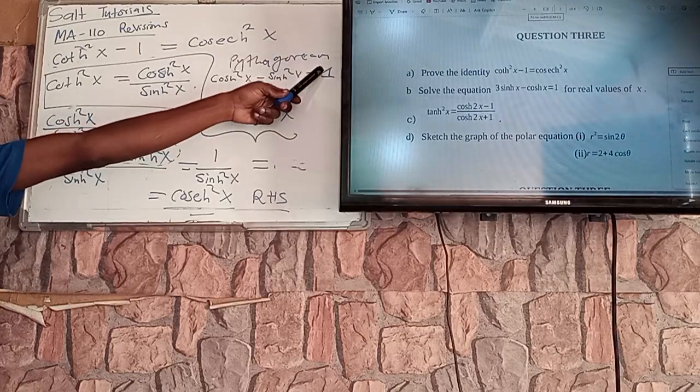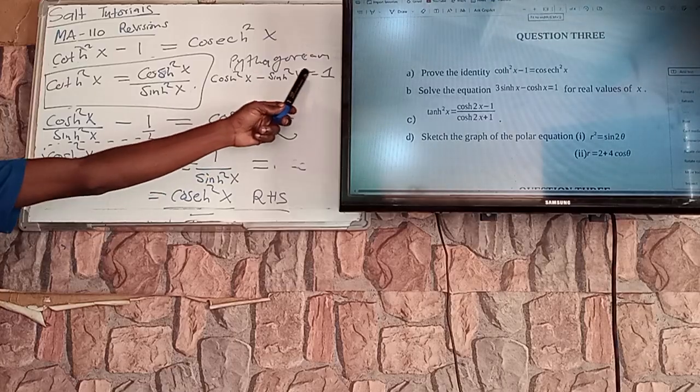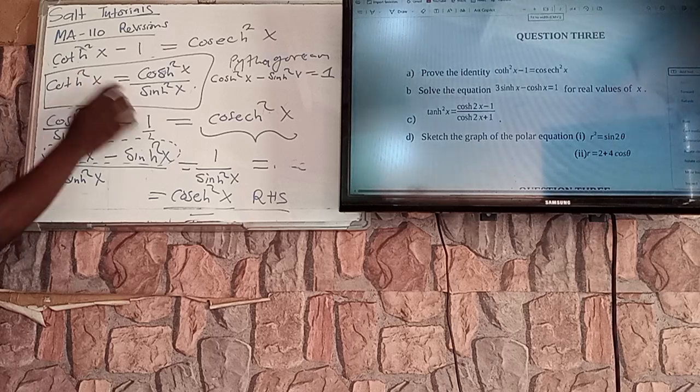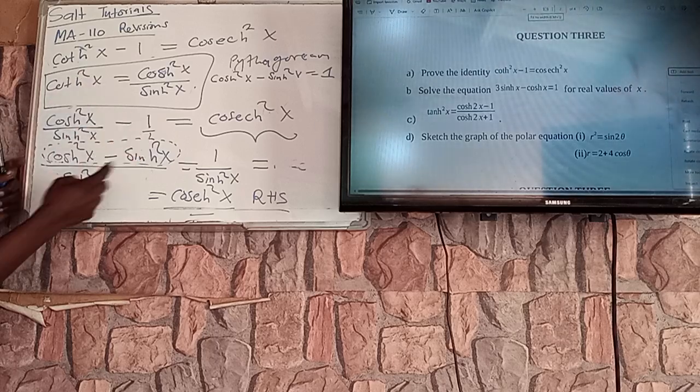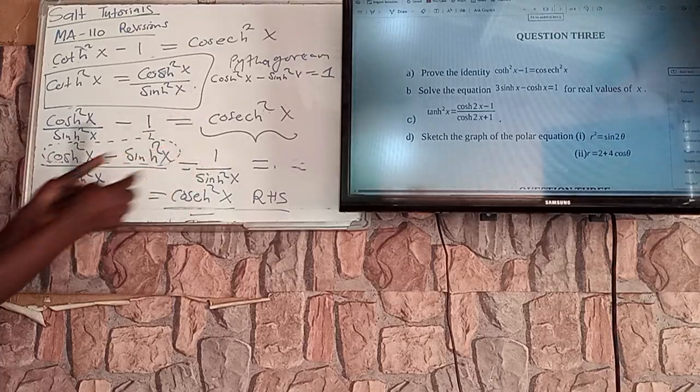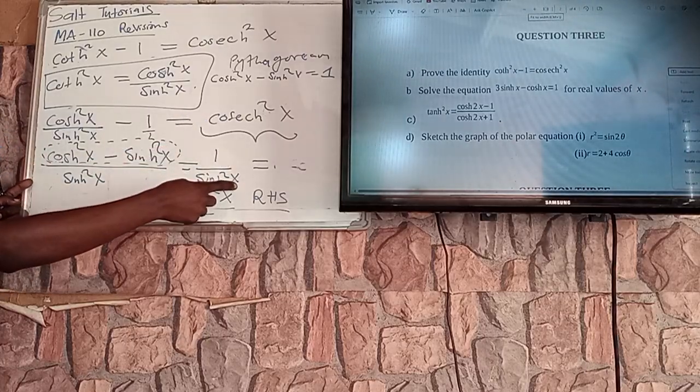The Pythagorean identity is cosh squared x minus sinh squared x equal to 1. When we simplify this as a single fraction, I end up with this, which is the Pythagorean identity, equal to 1, over sinh squared x.